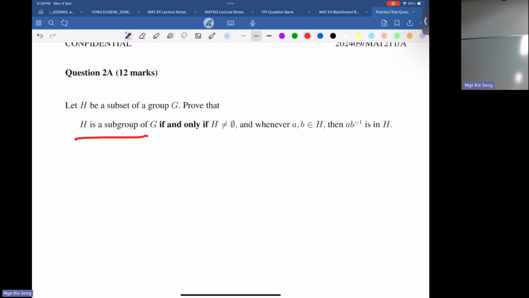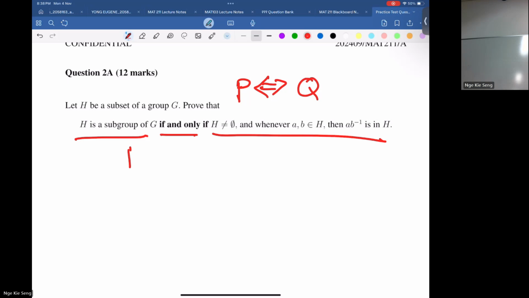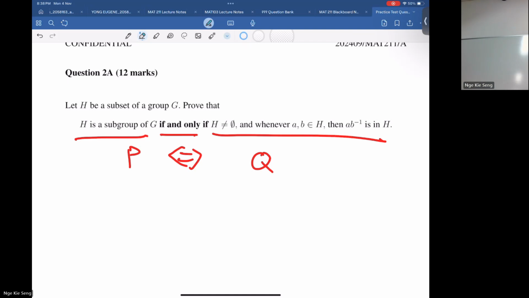P if and only if Q. What do you need to do? How many directions do you need to do? 2. P implies Q and Q implies P.